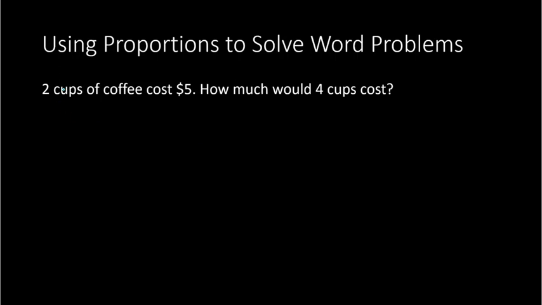So what we do is we want to use the information given to create a proportion. So right here, 2 cups of coffee costs $5, we can write that as a fraction. We can compare the cups of coffee, so 2 cups, with the price of $5. That's the cost. So if that ratio is going to remain true, we can use that to set equal to this other information.